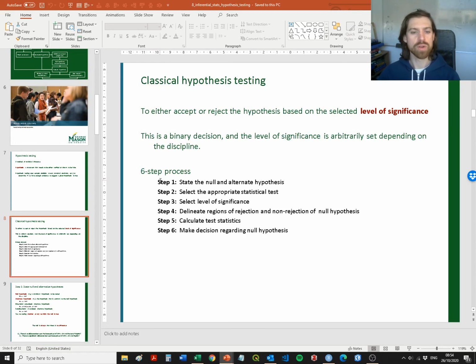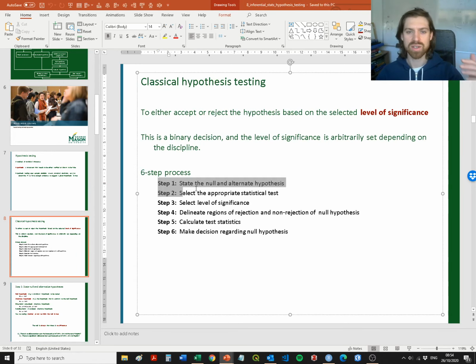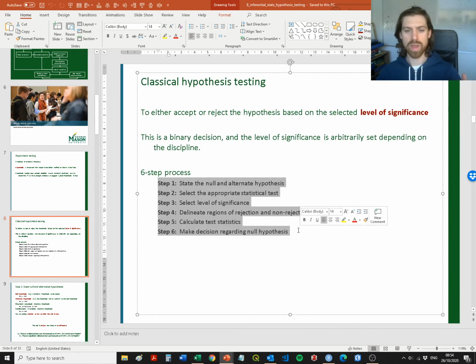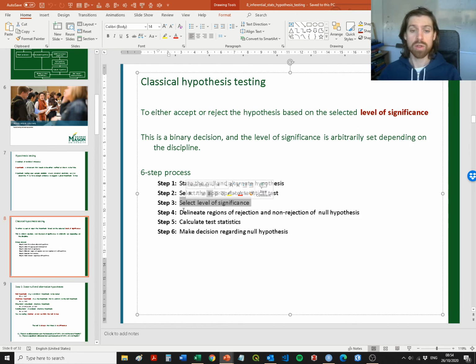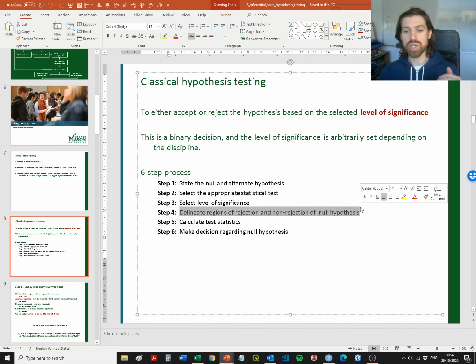So we went over that formalized classical hypothesis testing approach where we basically state the null and alternative hypothesis. We select the appropriate statistical test. We select the level of significance, so the alpha value that we want to have. We then delineate the regions of rejection and non-rejection of the null hypothesis within the distribution.